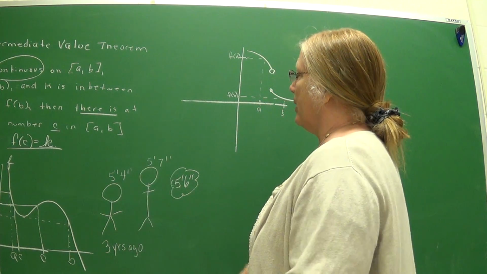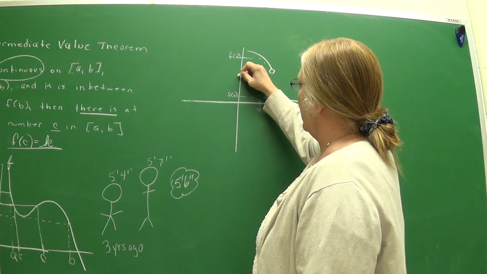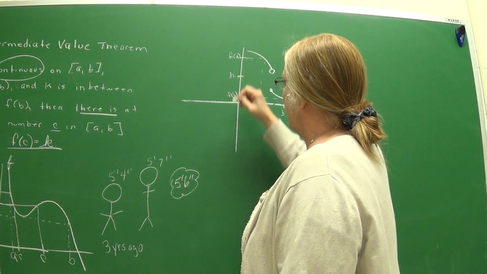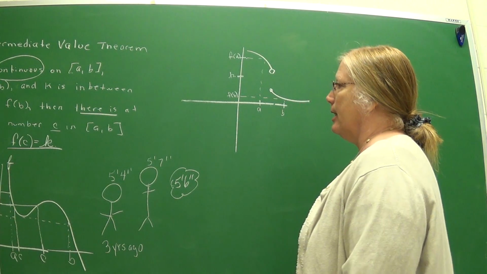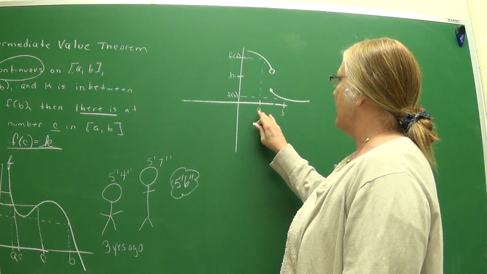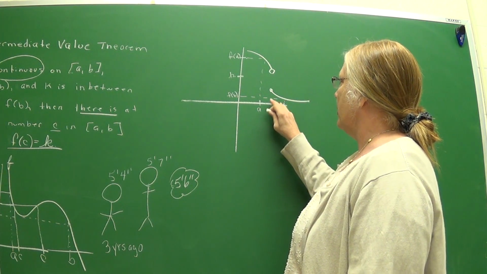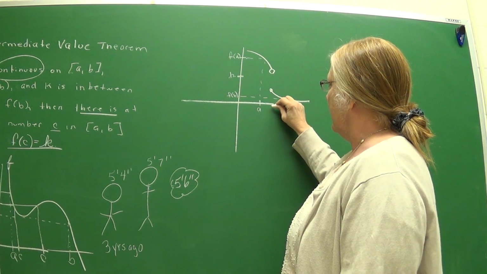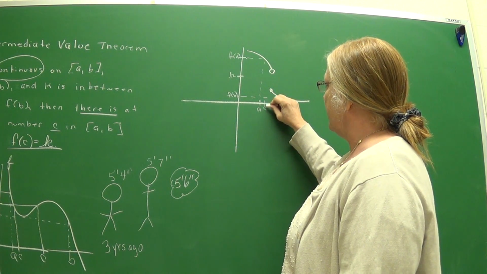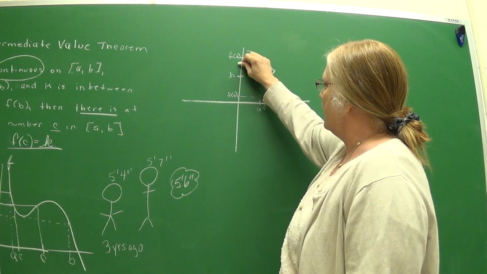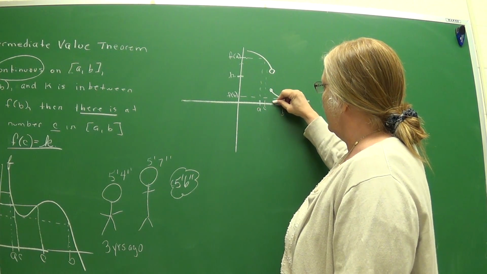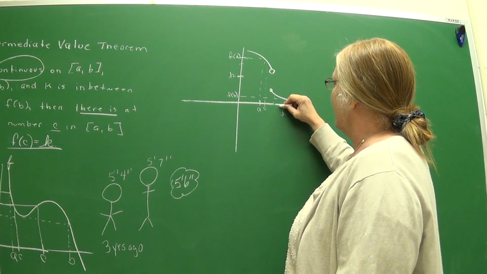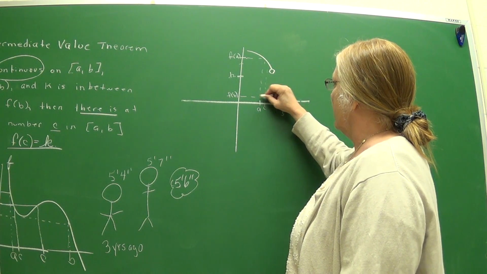So this theorem says there's a k somewhere between f of a and f of b, and the theorem guarantees there's one number c in between here that will connect to k. But anywhere I put it, if I try c here, it goes up here. If I try c here, it goes down here. If I try c here, it goes down here.